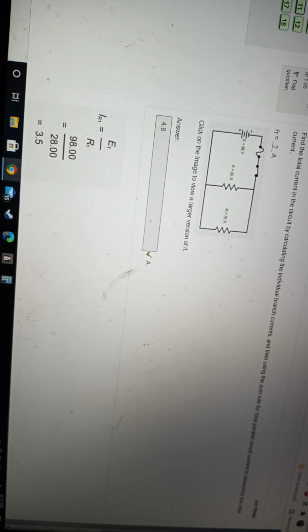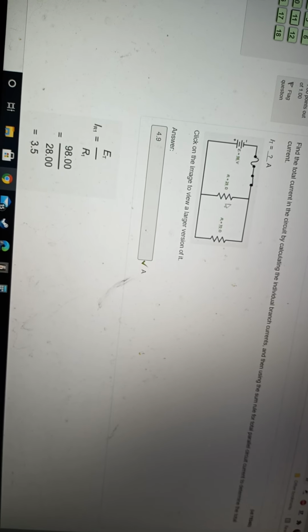Let's see what they did here. They took the resistors. They got the current for R1. They got the current for R2. And then just added them up to get the total current. But yes, that's right actually.